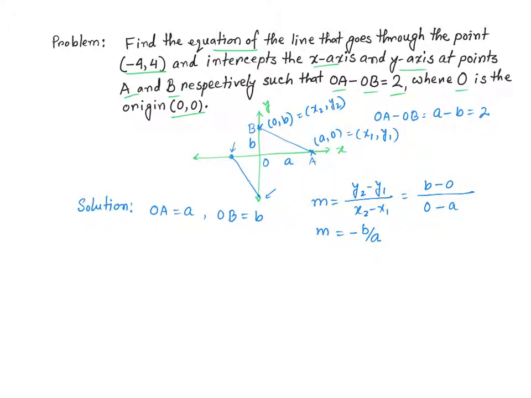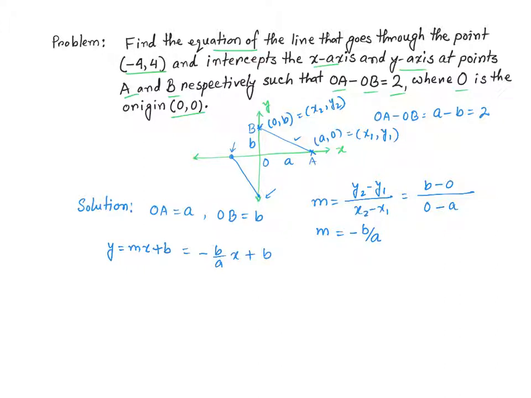Now we know the slope-intercept form of the equation of a straight line, which is y is equal to mx plus b. So we assume that this line AB has the equation of the form y is equal to mx plus b, or in our case m is, by the way, negative b over a, x plus b.